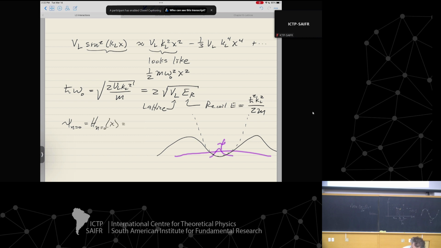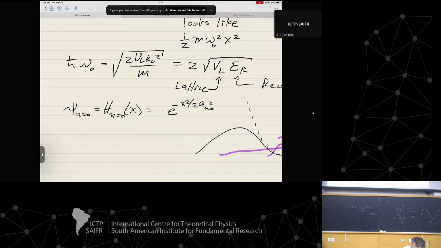And that looks something like a constant times e to the minus x squared over 2 a harmonic oscillator squared, where this oscillator length is, what? It's the square root of h bar over m omega naught.